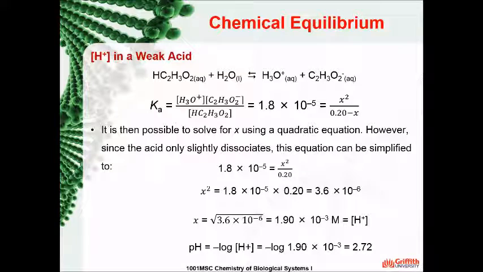Remember that X is the concentration of the hydronium ions, so pH is equal to the negative log of the hydronium ion concentration, so the negative log of 1.9 times 10 to the negative 3 is 2.72. So the pH of the solution is 2.72.